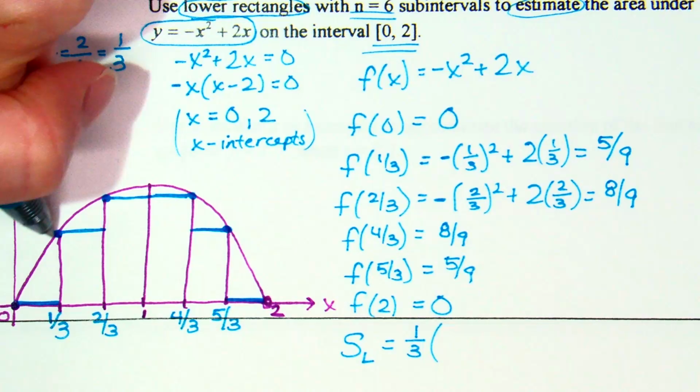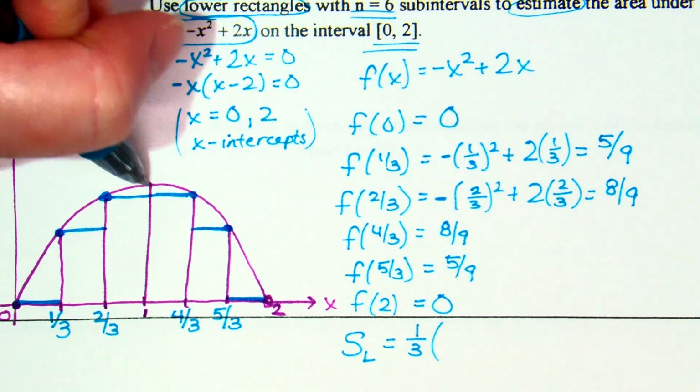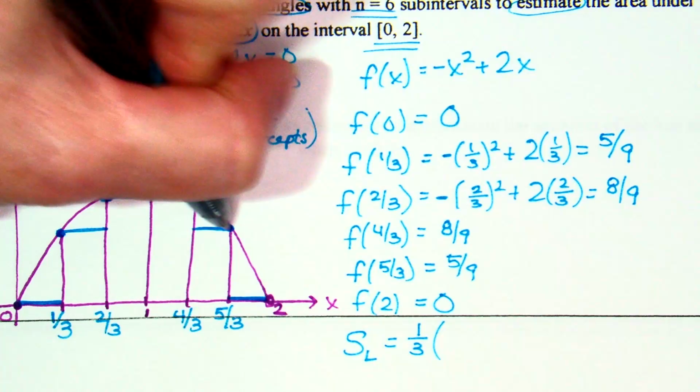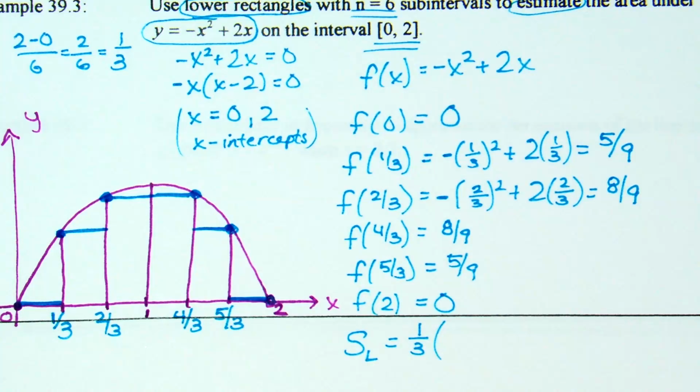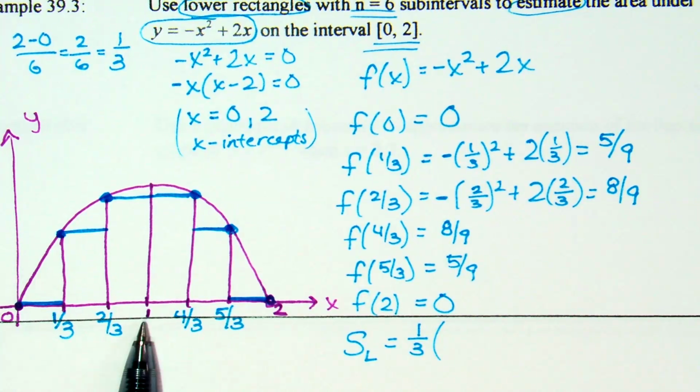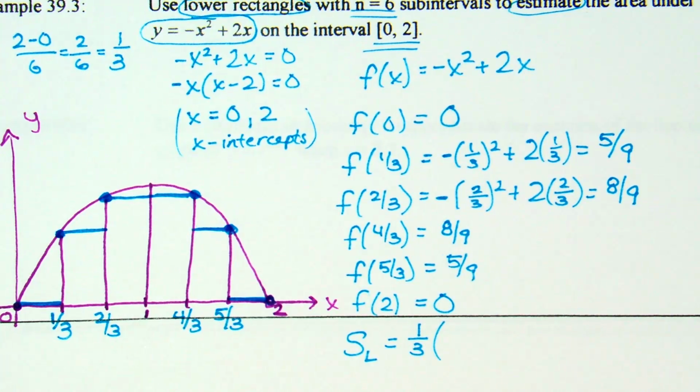I'm using dot, dot, dot. I used 6 values, but instead of not using one of the endpoints, I didn't use the 1. Are you okay with that? It's different. And this is why I couldn't have skipped this problem.